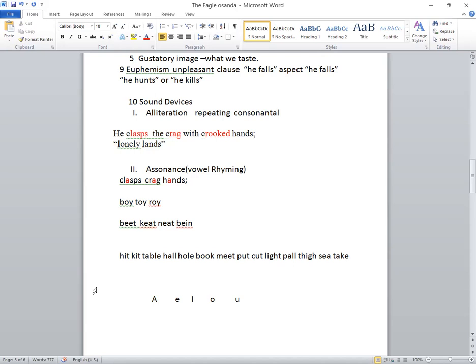You have to look for the vowel letter and its sound. That is the thing you have to do. Look at the letter, look at the sound. Then you can find the assonant words. Did anyone do it?